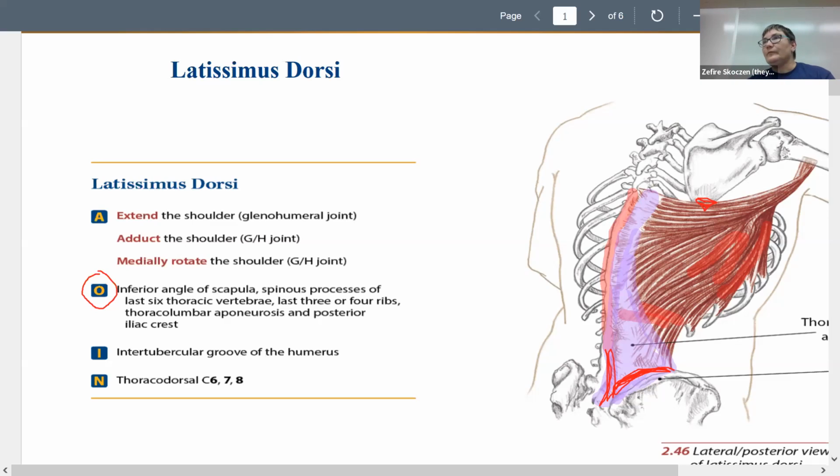Does it have the same stuff as the TMJ? Is that a joint? Yes. The ligaments that go over the joint are made of the same stuff.